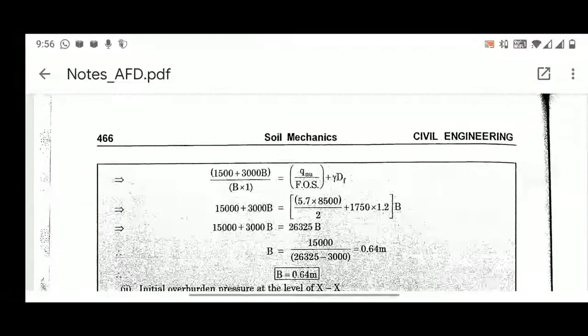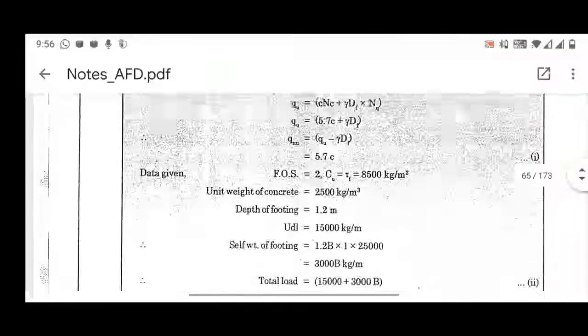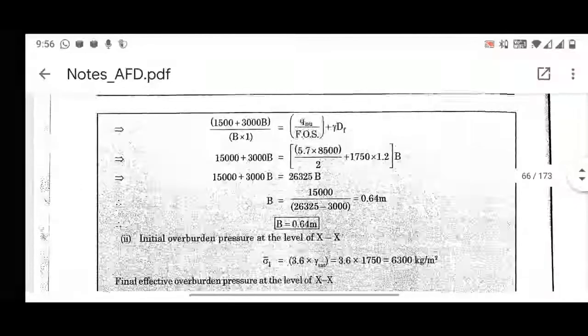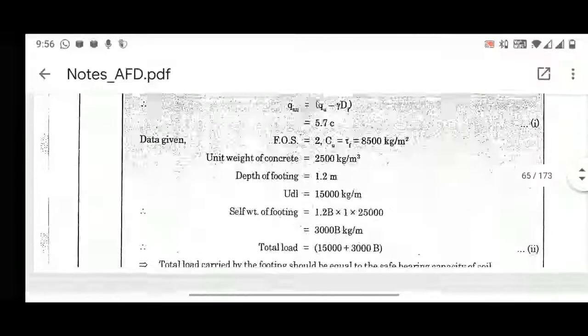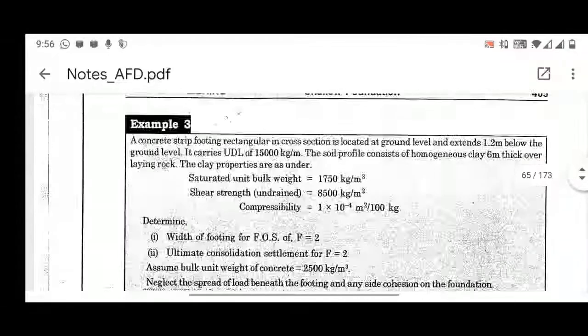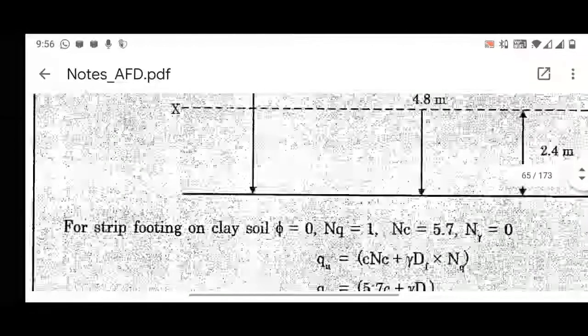Now in this, we know net ultimate value is 5.7c, it is shown. So 5.7 into c, cohesion value we know is 8500, somewhere it was written here. You can see shear strength in undrained state is 8500 kg per meter square, it is given.